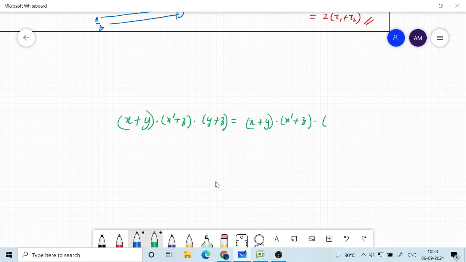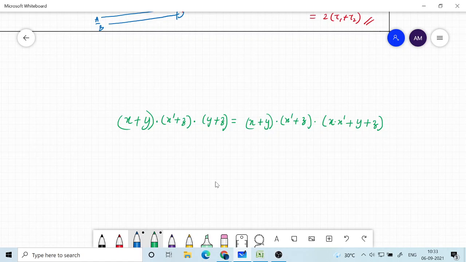So let us bring x dash like this, with y plus z. Right?